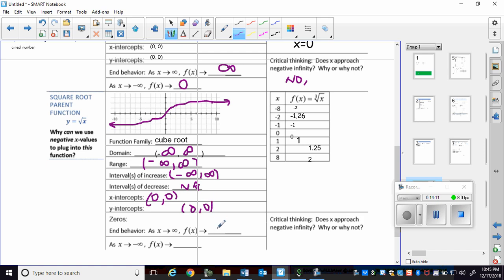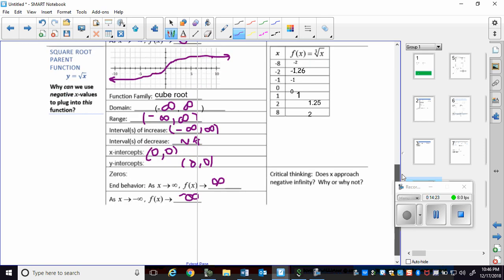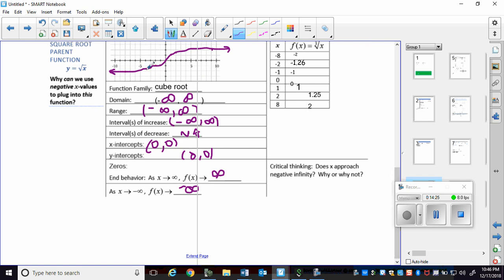As x goes to positive infinity, y values increase, so they go to positive infinity. As it goes towards the left, it goes to negative infinity. So it's a lot different than the square root function. For the square root function, you had no values on the left, but here you do, because you can take the cube root of a negative number and get a real number back.